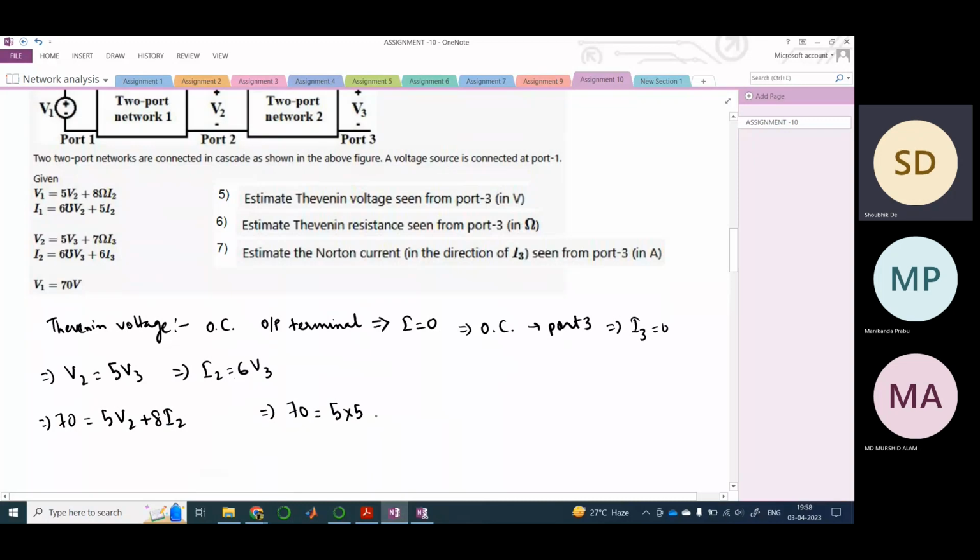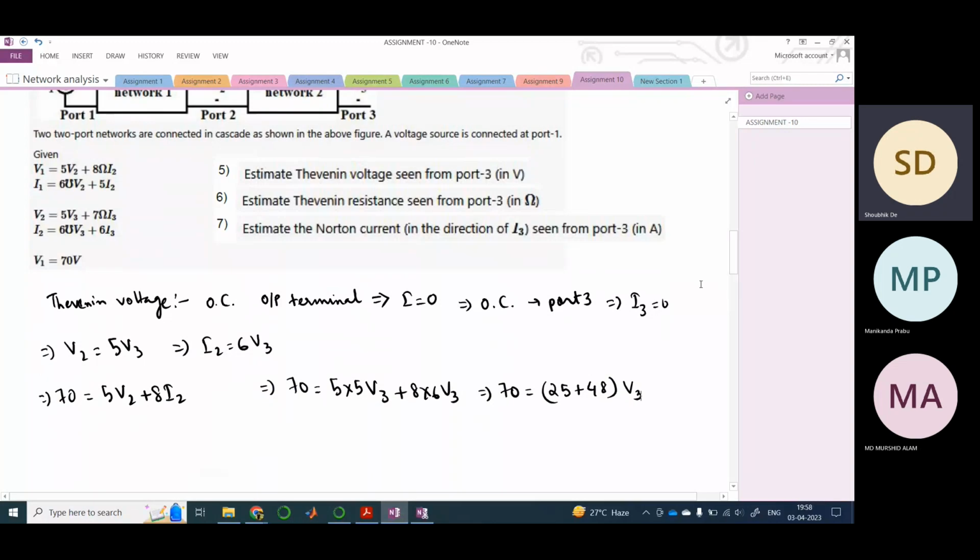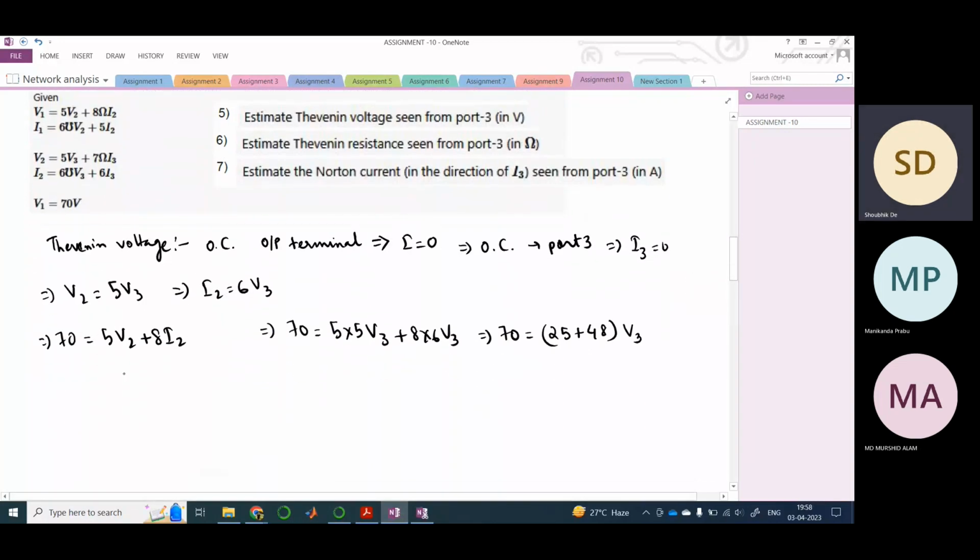So 5 into 5V3 plus 8 into 6V3. So 70 equals 25 plus 40, that is 73 V3. So V3 is 70 by 73.